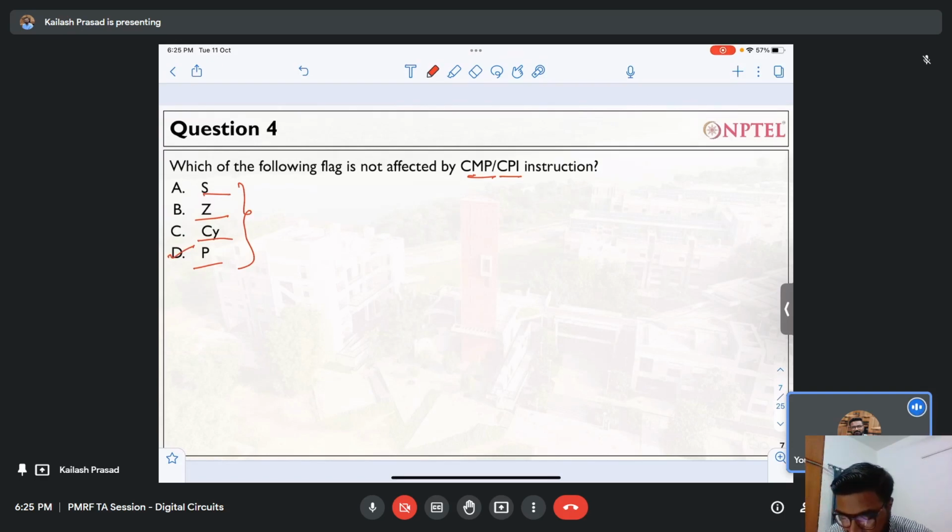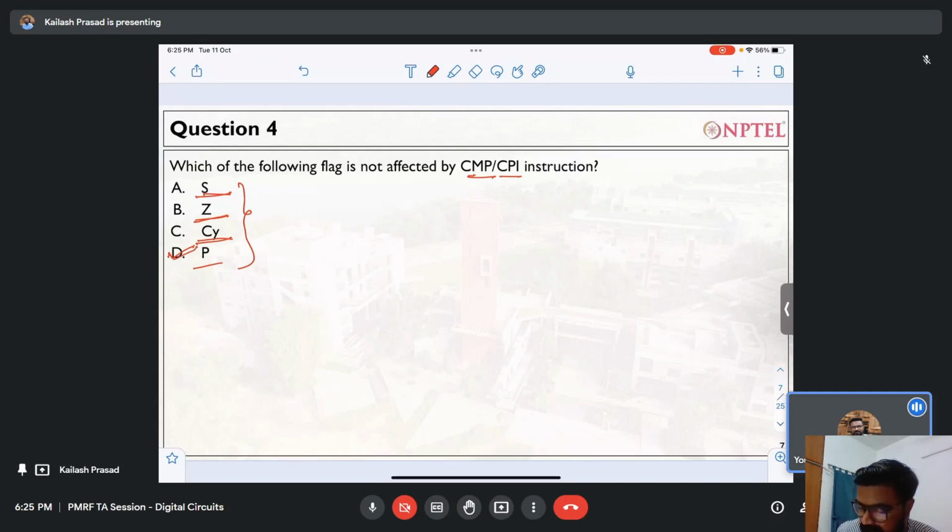However, the sign, the zero, and the carry flags can get set. So the answer to this question is D.